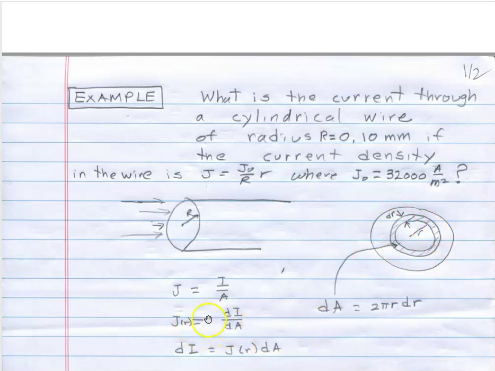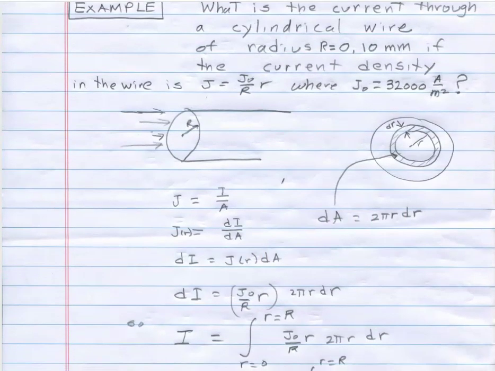I can rearrange this to be dI is equal to J of r, J is effectively all at the same radius, so J of r, times dA, and then plug in the dA here, and plug in what J is.